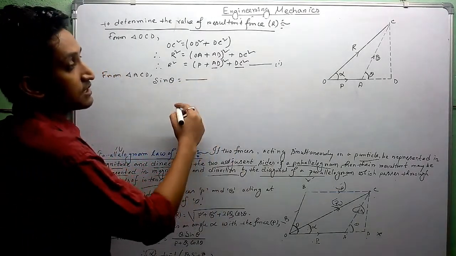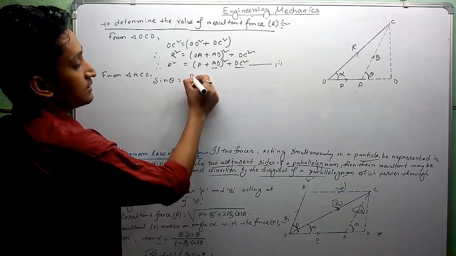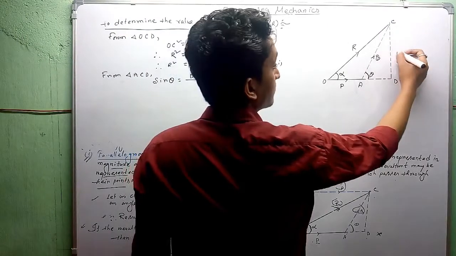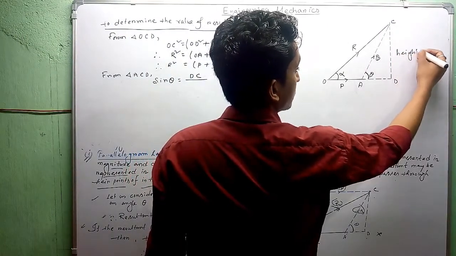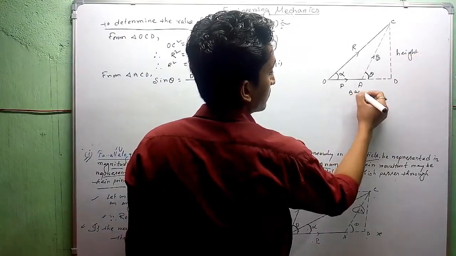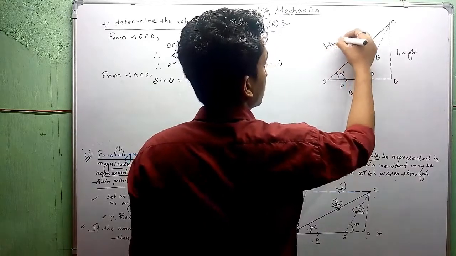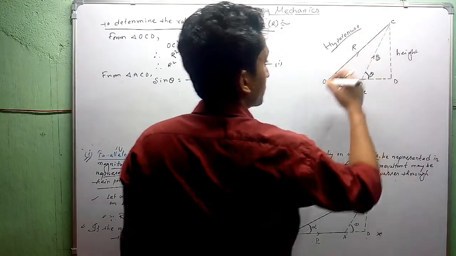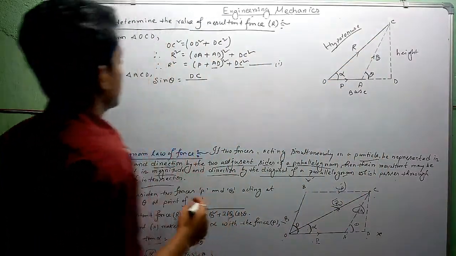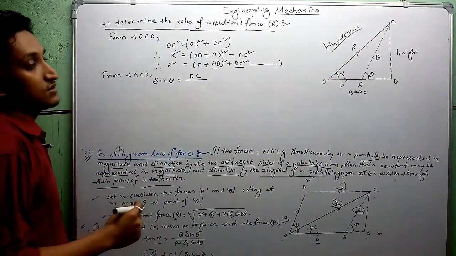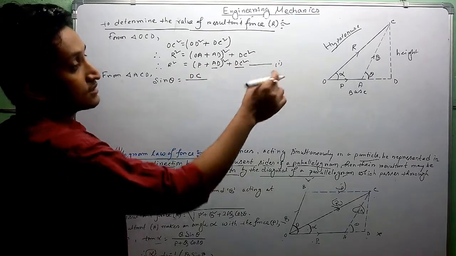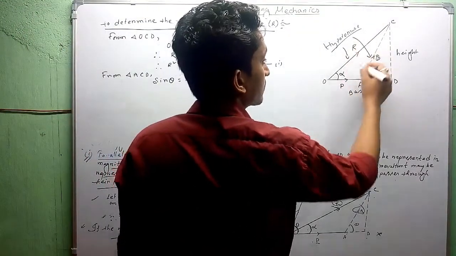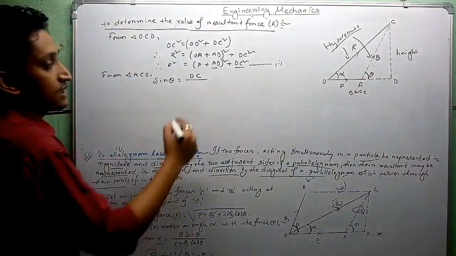The height is DC and the hypotenuse is AC.